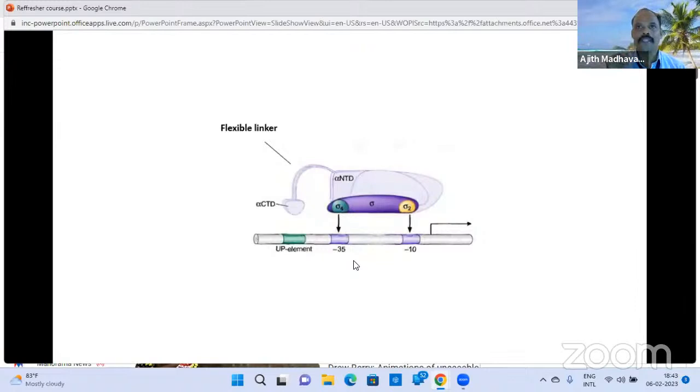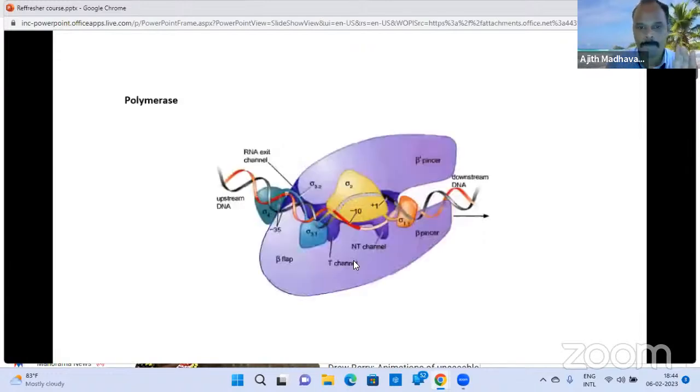The plug and the point have to have correctly registering components. Then you plug it correctly. Likewise, the sigma factor has 2 regions, sigma 4 and sigma 2, by which it correctly identifies the minus 35 and minus 10 region. This is how the polymerase identifies the promoter. So just the right information.